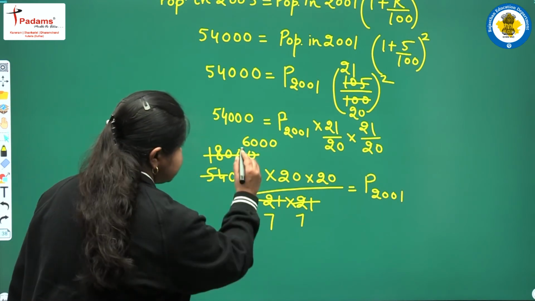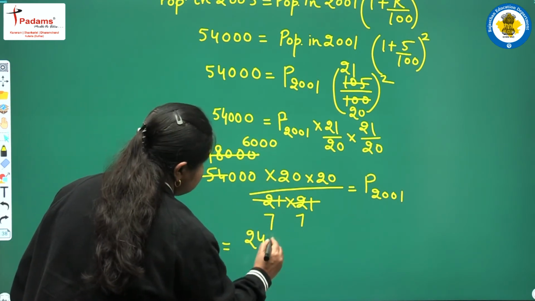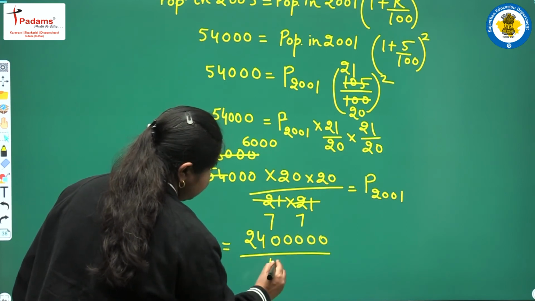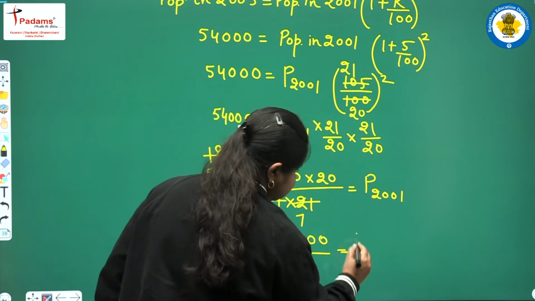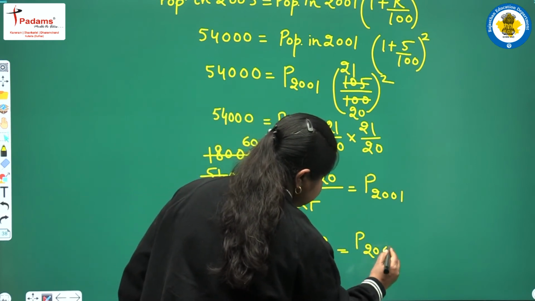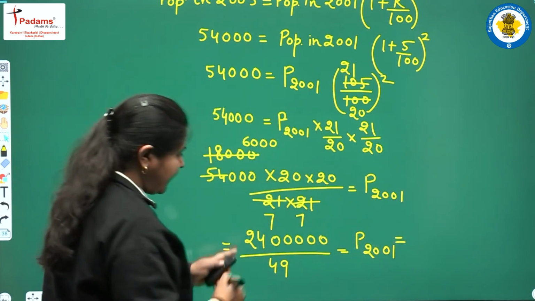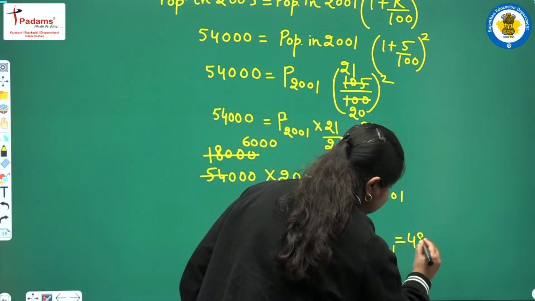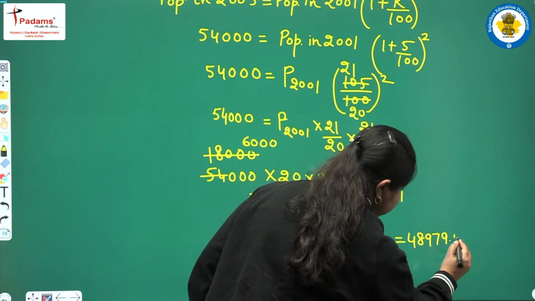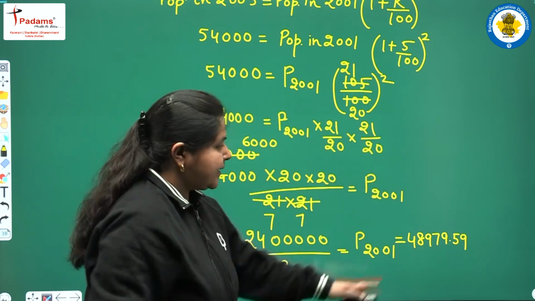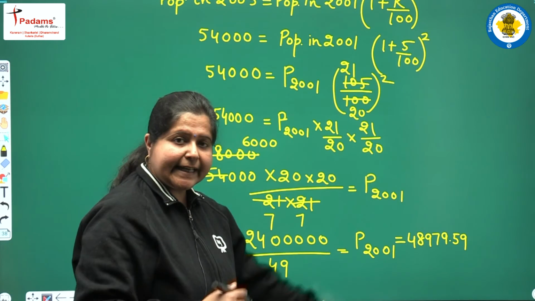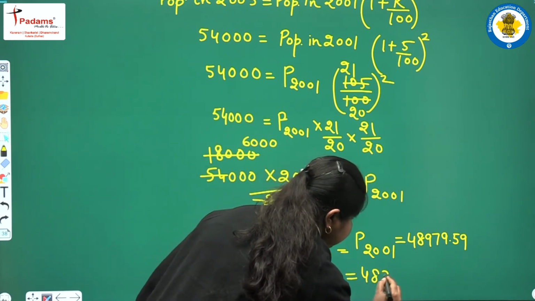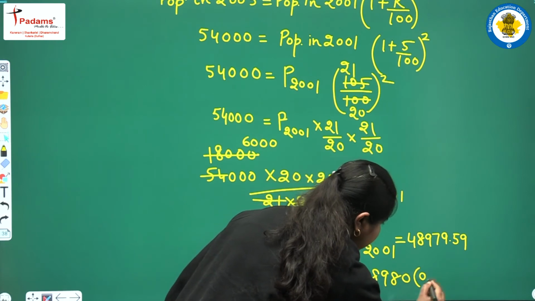This will be 6 4s are 24 and 1 2 3 4 5 upon 49. This is the population in 2001. And now if you divide this number, it's a big number, you will get it as 48979.59. and this is the population in 2001, and let us now write an approximate value. This will be 48980 approximately.